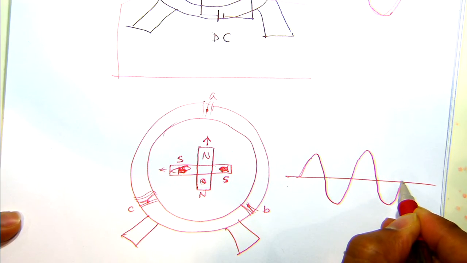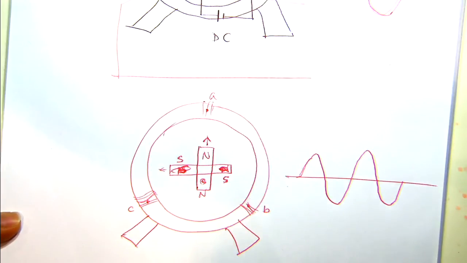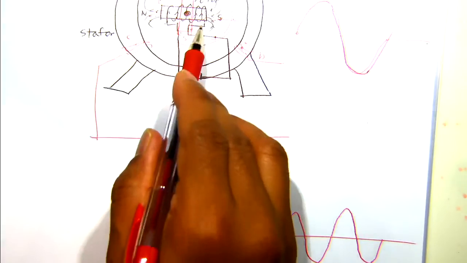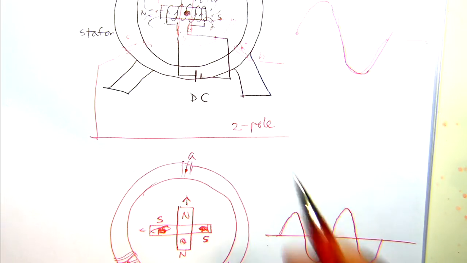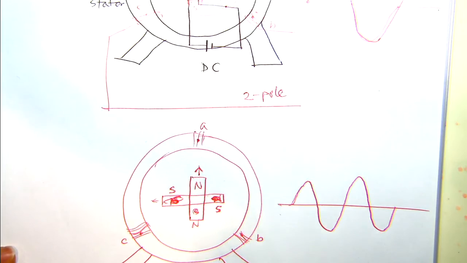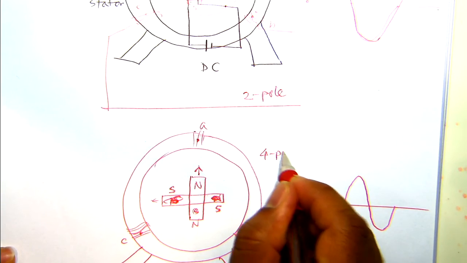So what I am saying is, here it was a 2-pole machine, and this is a 4-pole machine.